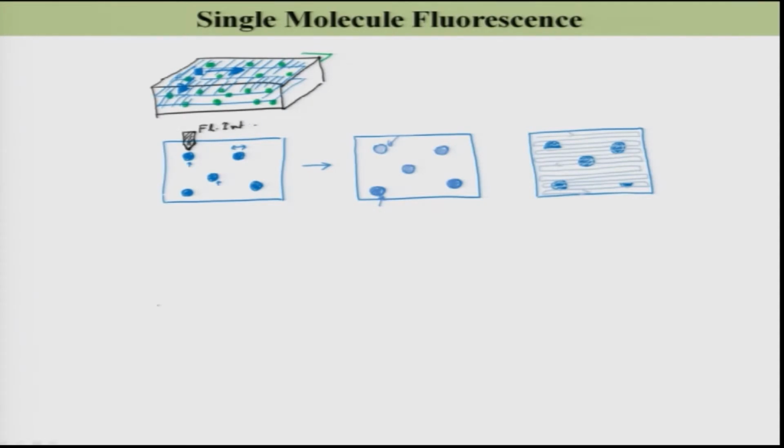with time, right. Then if you plot this fluorescence intensity with time, what you are going to see is a kind of fluctuation.